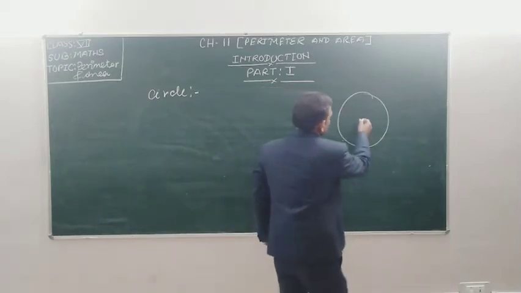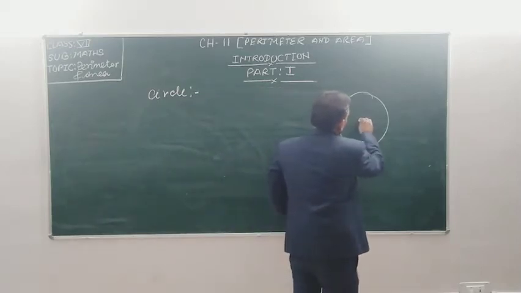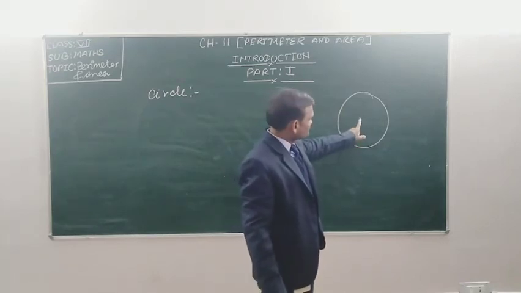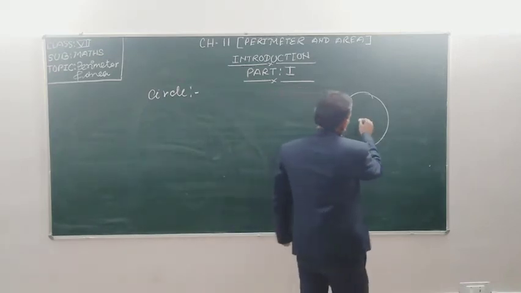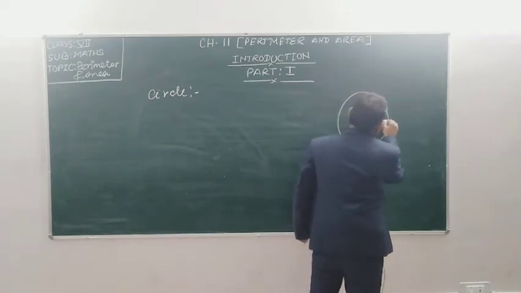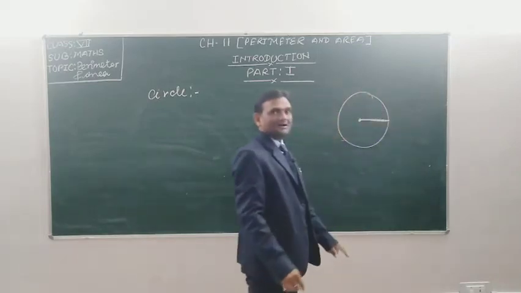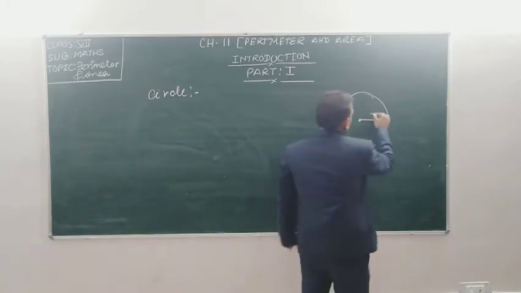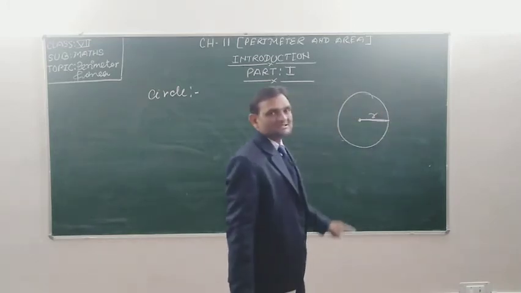This is the center of the circle, Kendra Bindu. And that line which goes from the center and meets at a point on the circumference, that is the radius. That is the radius of the circle.